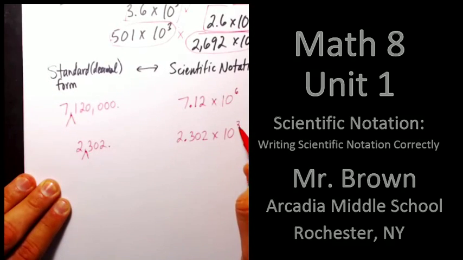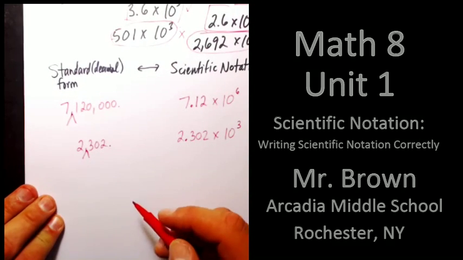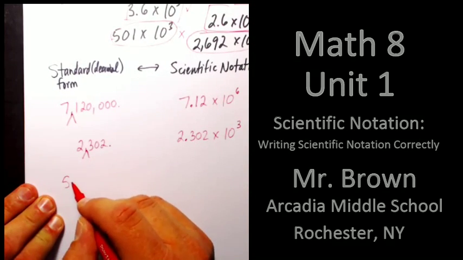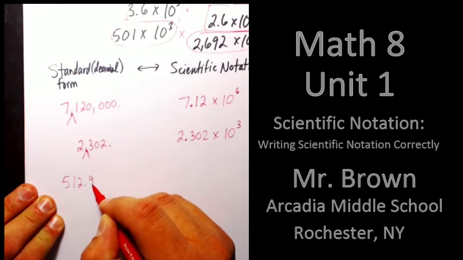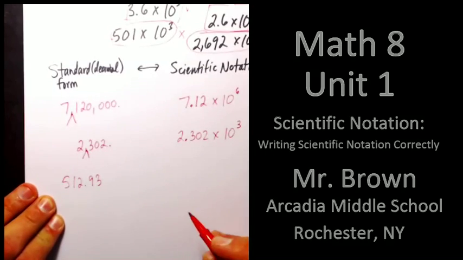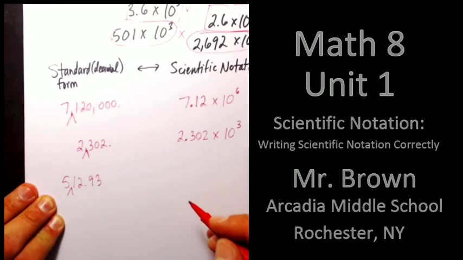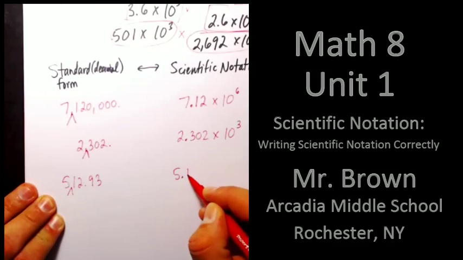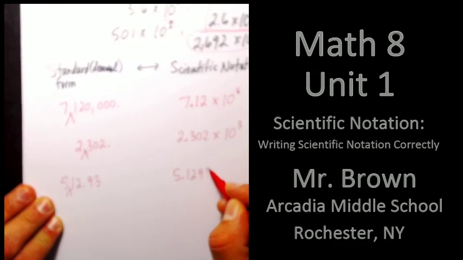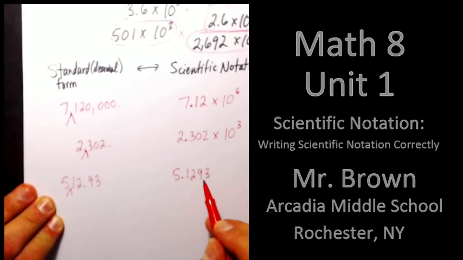So that's why this would be to the third power. You might get some other problems like this, 512.93. Well, in standard form, the decimal has to go between the first and second digit. So this will become 5.1293. You can only write the decimal one time here.